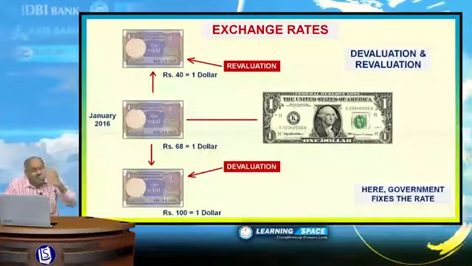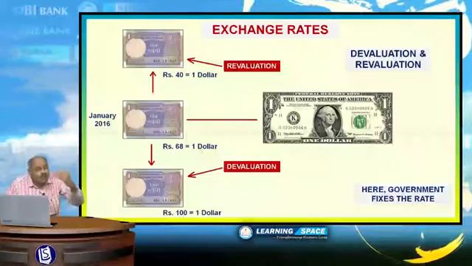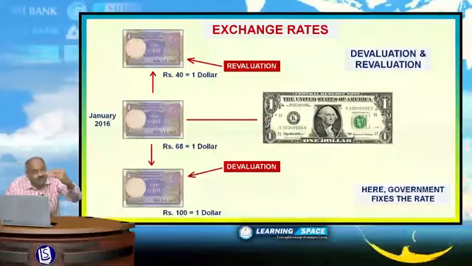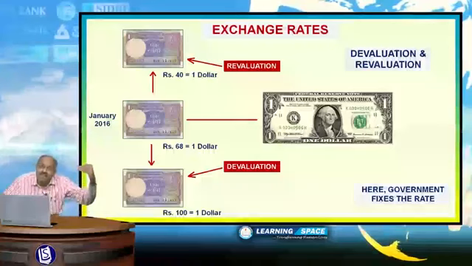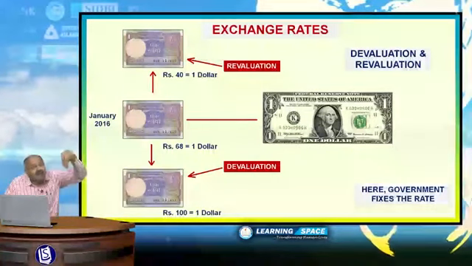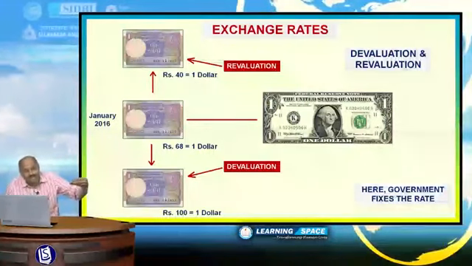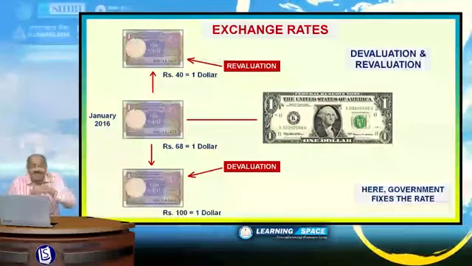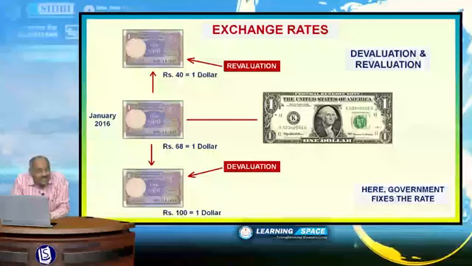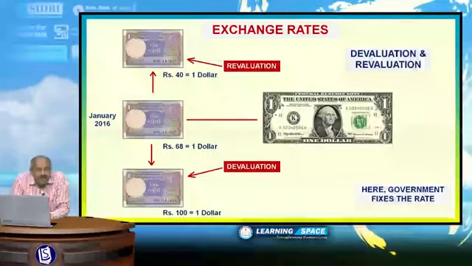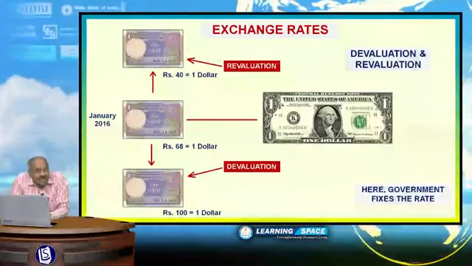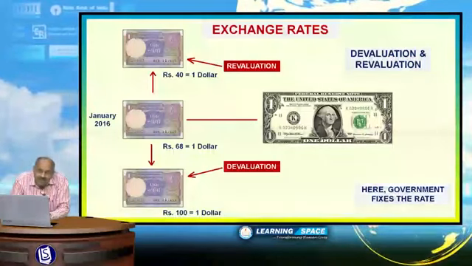So, revaluation and devaluation are by the government, but appreciation and depreciation are the natural phenomena which take place because of market forces. So, this difference please understand. With this it is very clear to you about appreciation, depreciation, revaluation and devaluation.